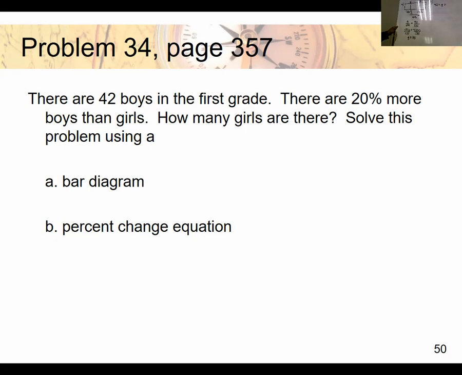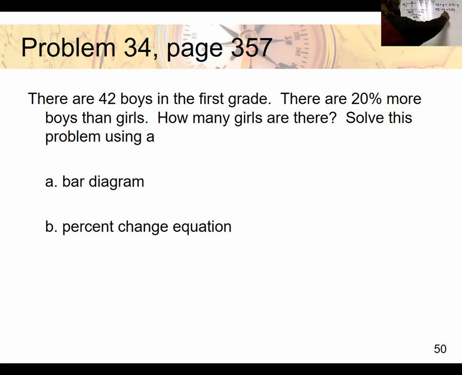Of course, it's an increase, so we have to use the plus sign. We're given 20% times G. And of course, 20% as a decimal will be 0.2. And this G is like 1G.